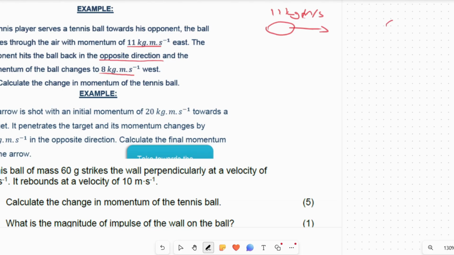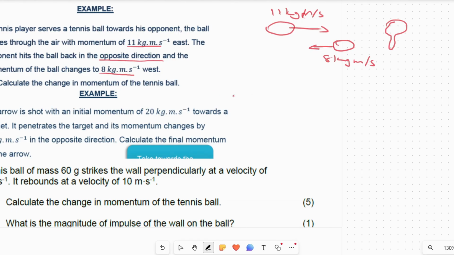So think about this tennis racket: boom, it hits the ball back. The ball bounced back from that racket to the west with a momentum of 8 kilogram meters per second. So that is the scenario and what happened in this case.